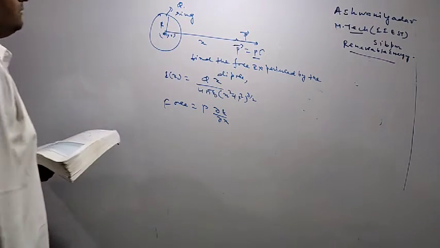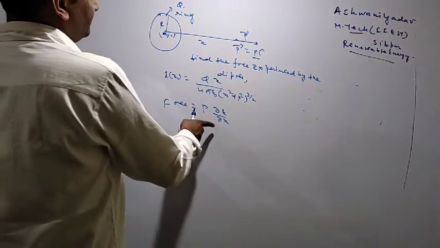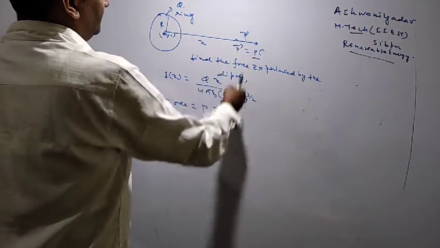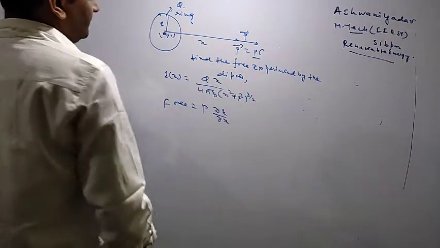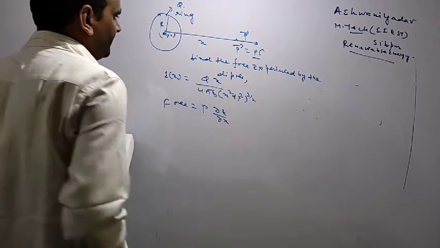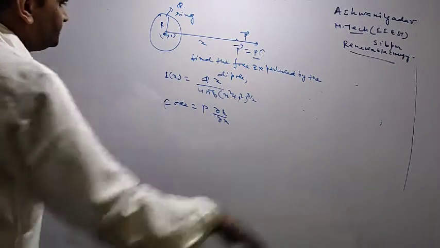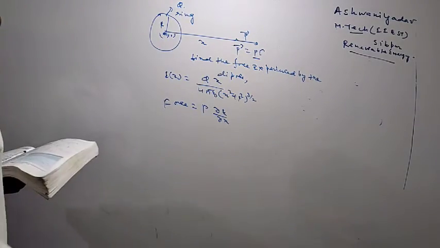Okay, we are lucky now because we are fortunate enough to be finding the field in one dimension, only in the x coordinate. But we will see some problems where the electric field will be a function of x and y. Then we will use a general formula for finding the force in the x and y directions.